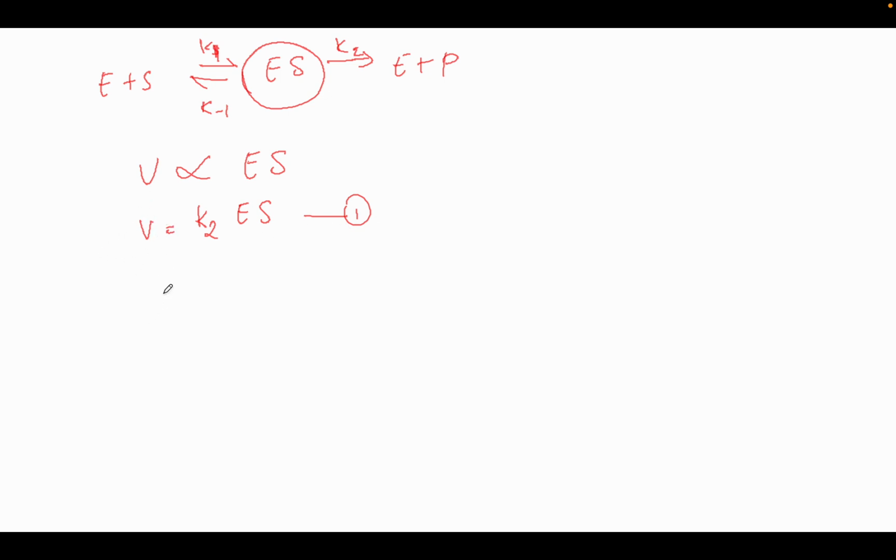Now the total enzyme, ET, is free enzyme plus bound enzyme, that is, enzyme bound with the substrate. Let's say this is our second equation.